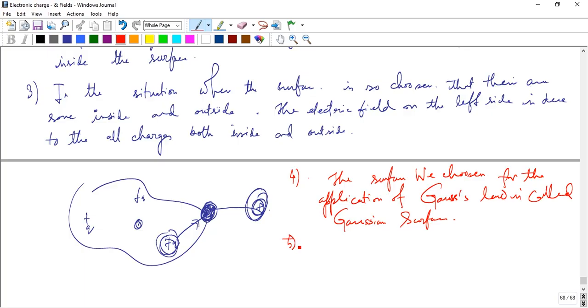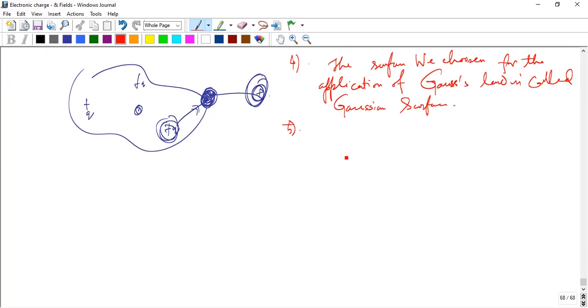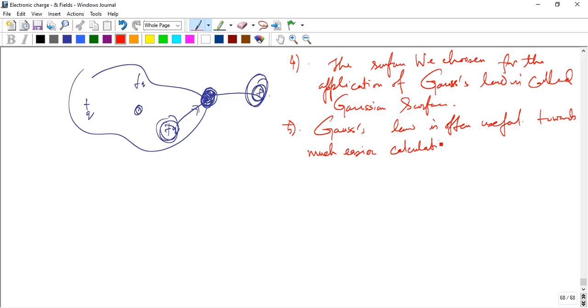Number 5, this law is often useful towards much easier calculation of the electrostatic field, the E field.